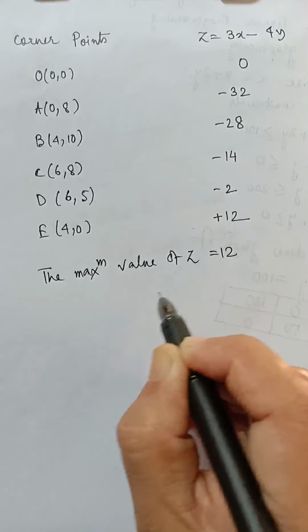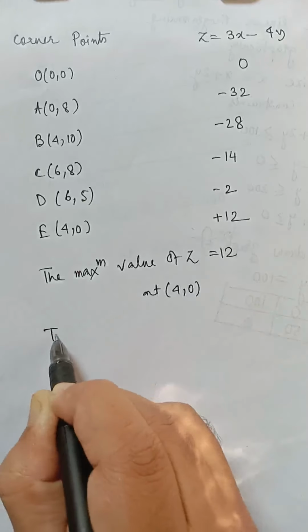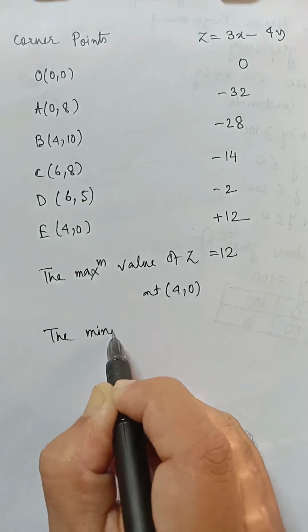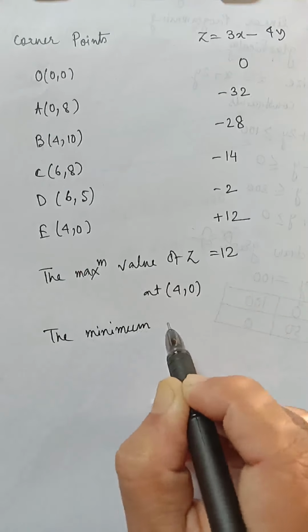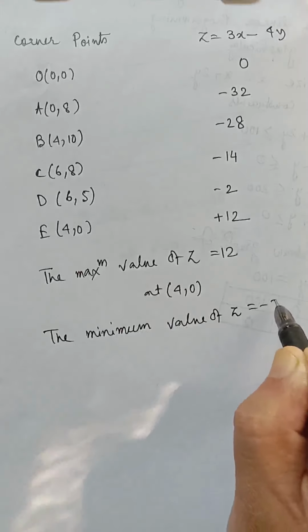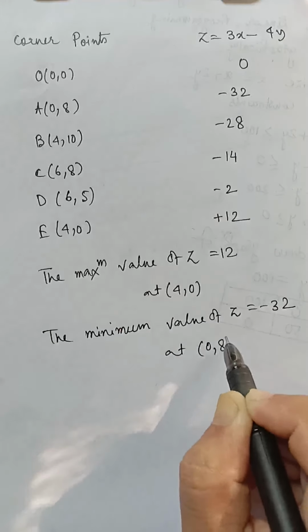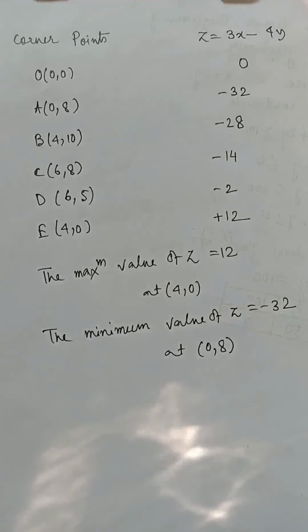This is the only positive value, at 4, 0. The minimum value of z is equal to minus 32 at 0, 8. So this is the solution of the first part.